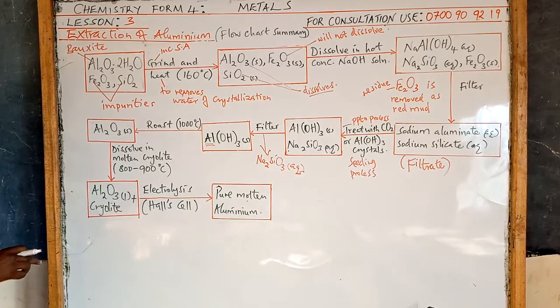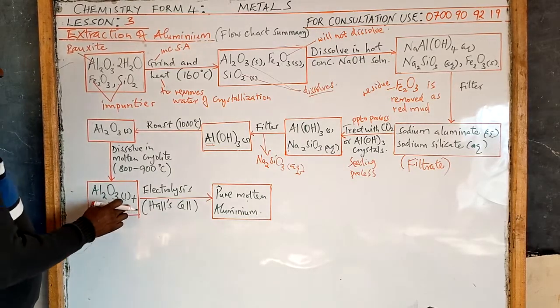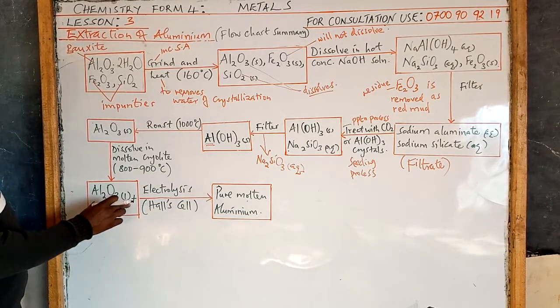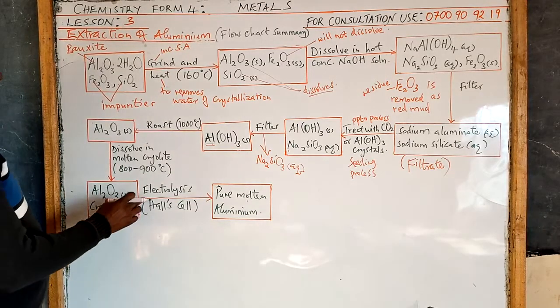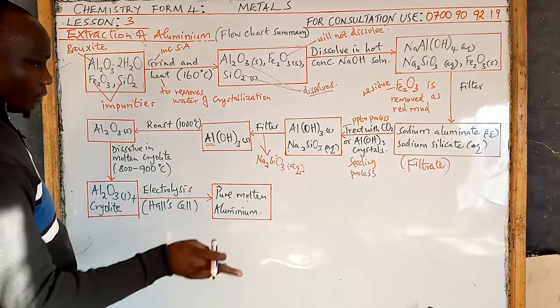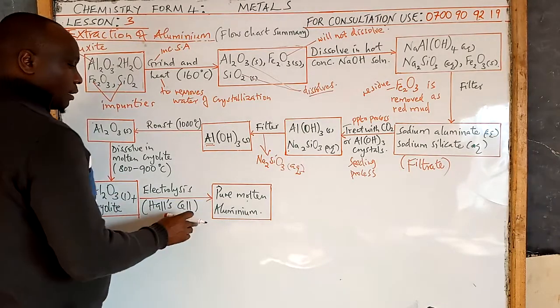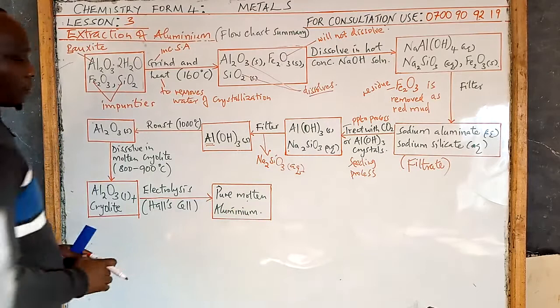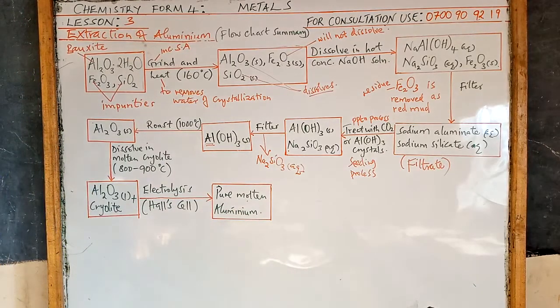Aluminium oxide dissolves, forming a molten mixture of aluminium oxide and cryolite. You do the electrolysis in the Hall cell, which we just had there. Then you obtain pure aluminium. So this is how aluminium is extracted.